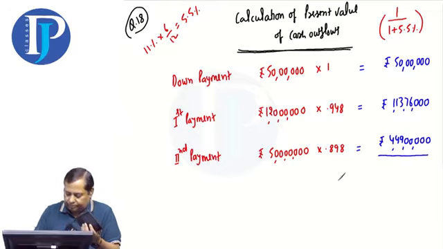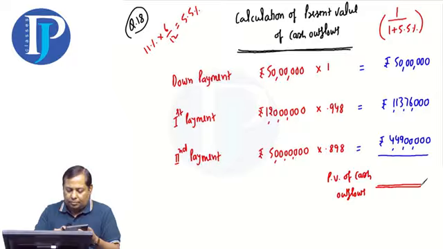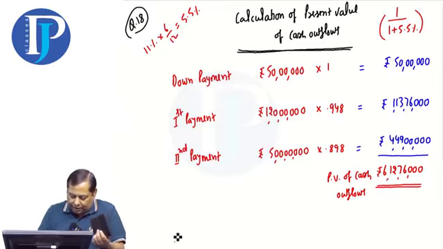Total present value of cash outflows: 50 lakhs, 6 crore 12 lakh and 76,000 rupees. So the initial recognition entry will be passed.